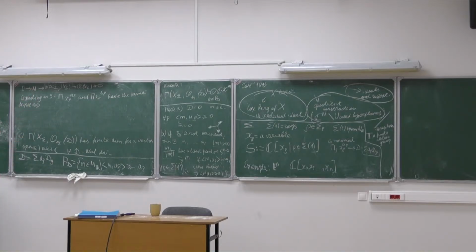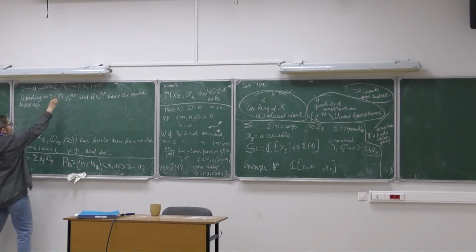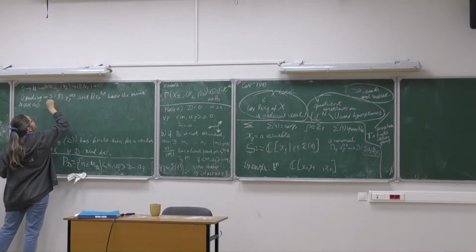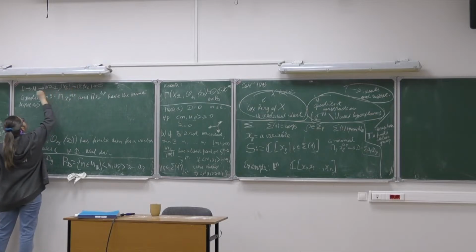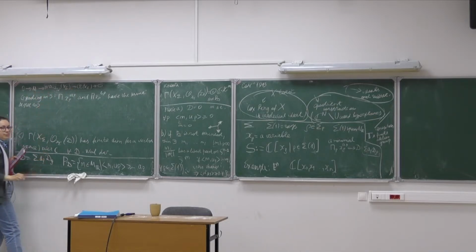If two elements coincide here, then their difference goes to 0, and then it is in the image of this map.